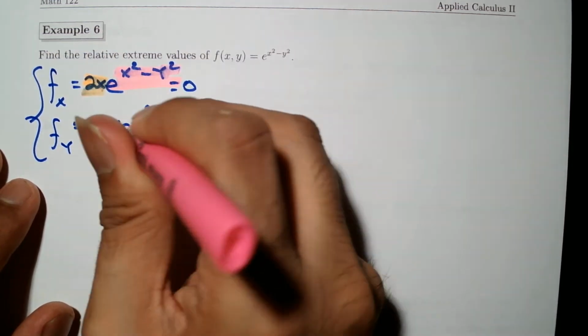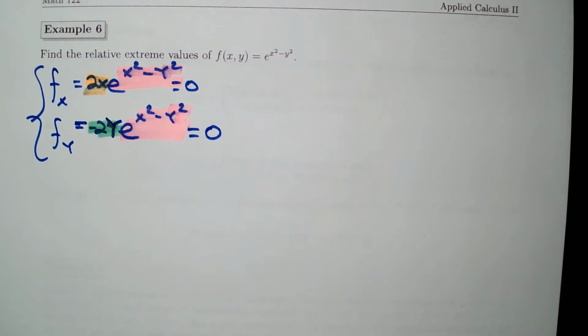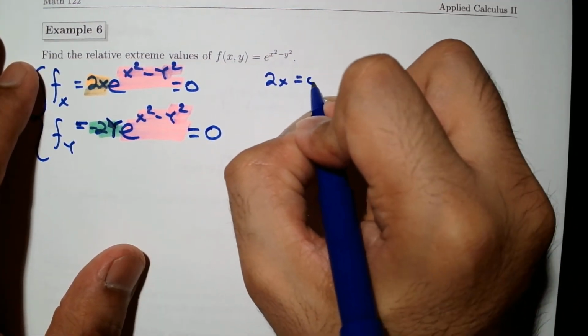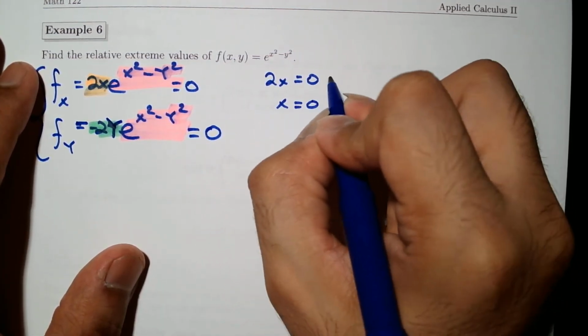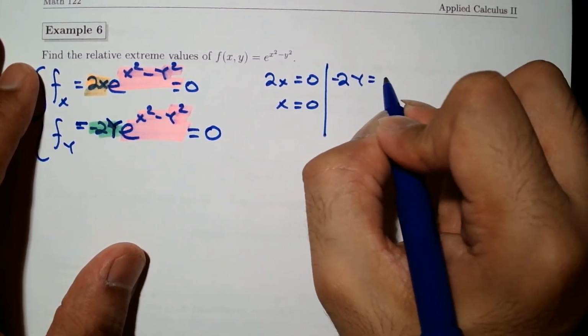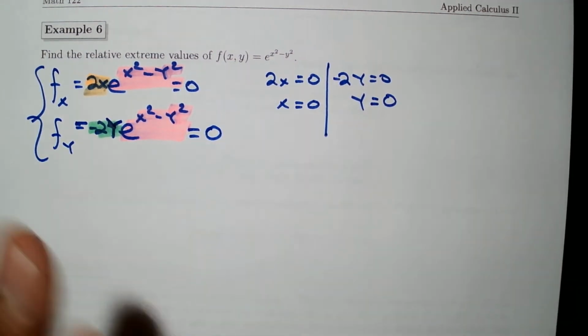I need to set that equal to 0. I'm highlighting with the same color because it's the same factor. So 2x equals 0, no big deal, x equals 0. Negative 2y equals 0, no big deal, y equals 0.